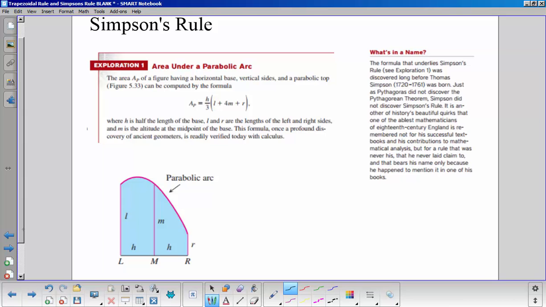Now everybody's head exploded when I said that. Nobody ever told us that. It is another of history's beautiful quirks that the ablest of mathematicians of the 18th century, Mr. Simpson, was not remembered for his successful textbook, but for a rule he didn't come up with. Fascinating.